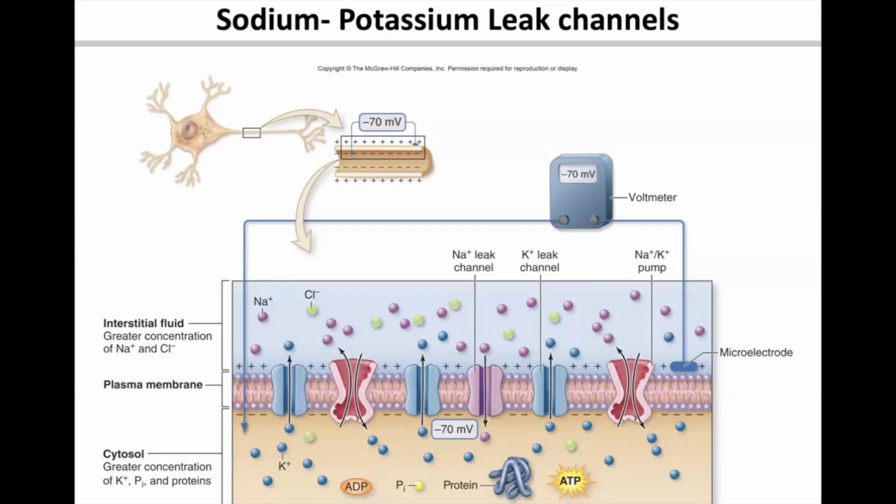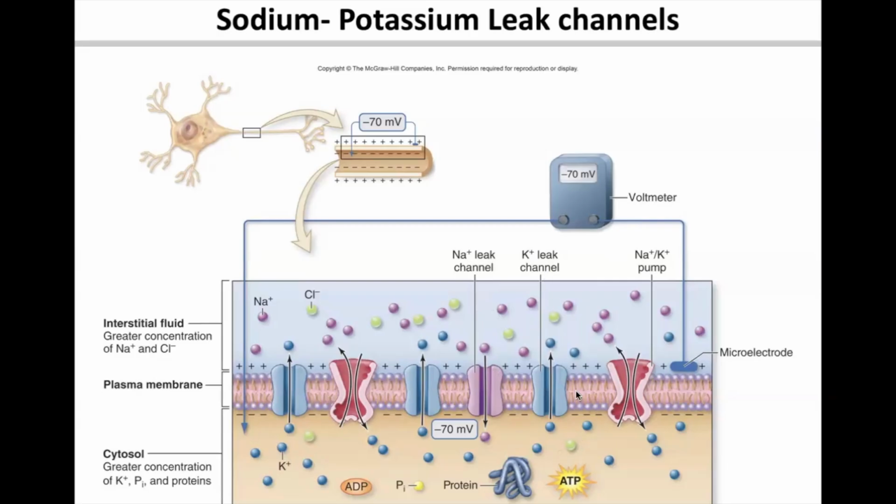And the leak channels are present, which cause potassium ions to move outside, and leak channels help sodium come inside. But the potassium leak channel is much more permeable to potassium.